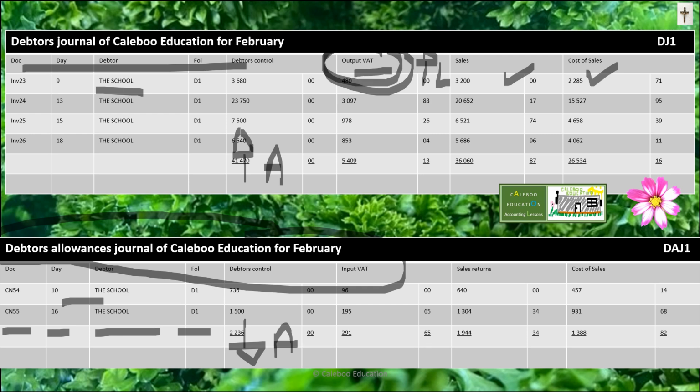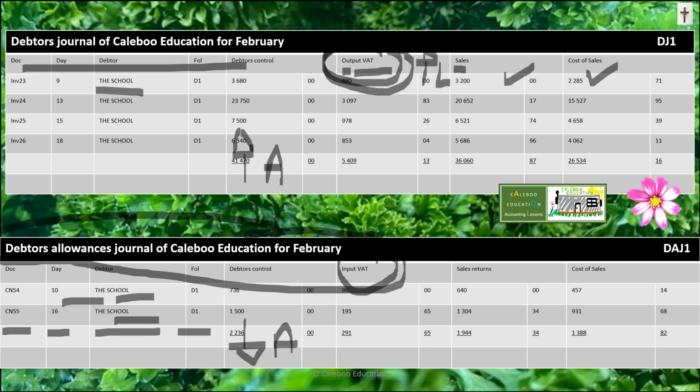We're not going to pay over money to the Revenue Services if the sale actually got smaller or didn't take place, because we're giving the debtor a rebate, an allowance. So now what we need to do to reverse the output VAT, we go and debit input VAT. More about that when I take this information to the general ledger.